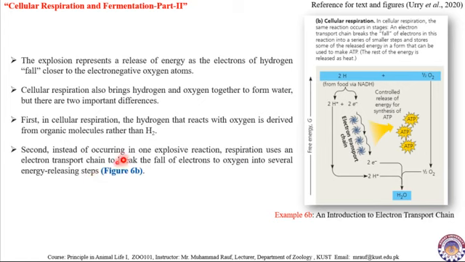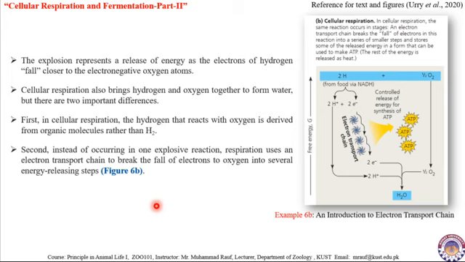So remember from where the NAD picked their electrons. NAD picked their electrons from the hydrogen atoms which were present in the organic food molecules, and it is these electrons which will be delivered to the electron transport chain, and those electrons will flow from one carrier to another carrier to yet another carrier, and finally they will become attached with oxygen forming water.